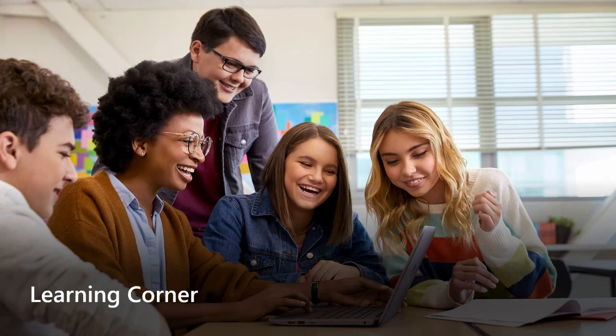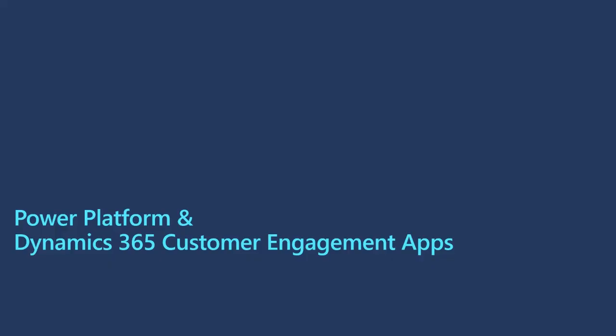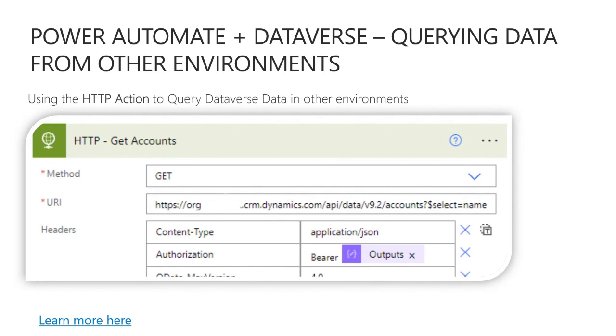All right, Learning Corner. So we'll cover a few items such as blog articles, video, different things to be aware of that cover some specific topics. The first one is a blog article from our team blog, and this is covering Power Automate and Dataverse in querying data from other environments.